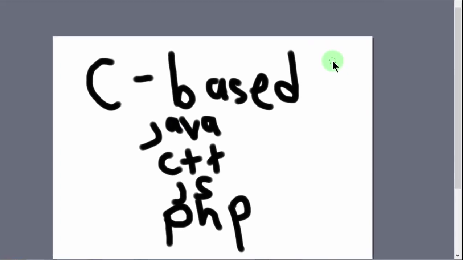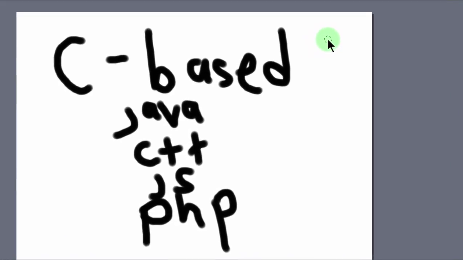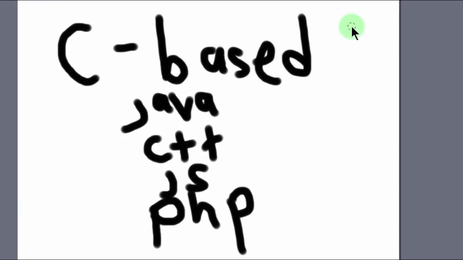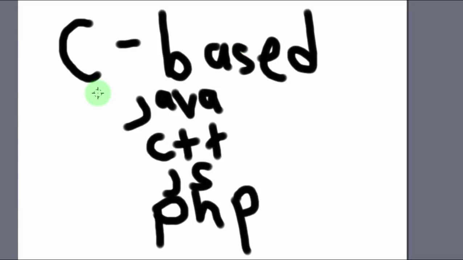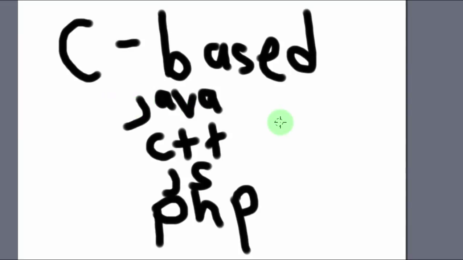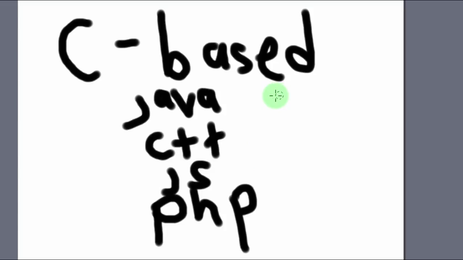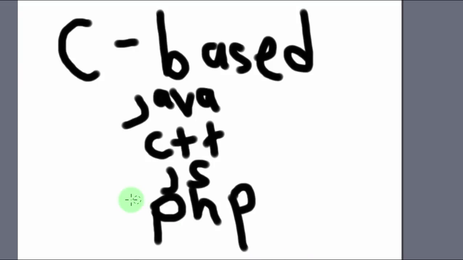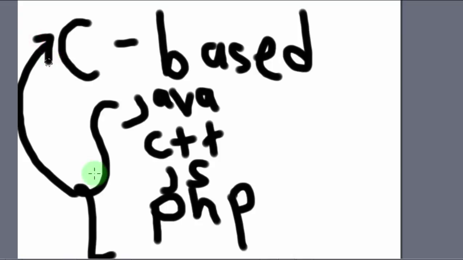So programming languages, some of them originated from others. For example, we have some C-based languages. These are languages which are generally descendants of C, and they inherit some things from C. Languages like Java, C++, JavaScript, PHP, you'll find a lot of the syntax of these languages always have some commonalities, and that is because they are descendants of C, plus any others that I haven't mentioned here.